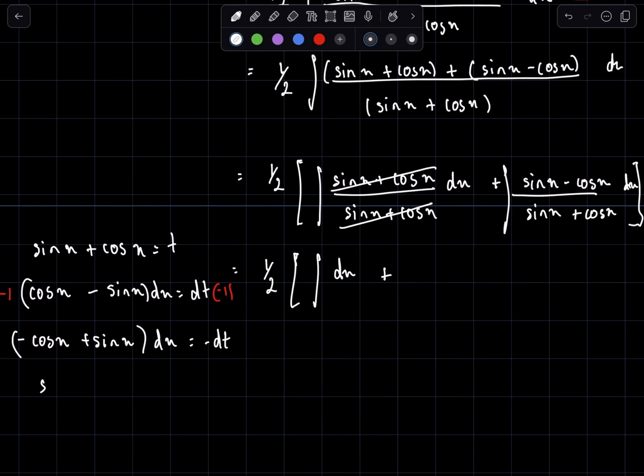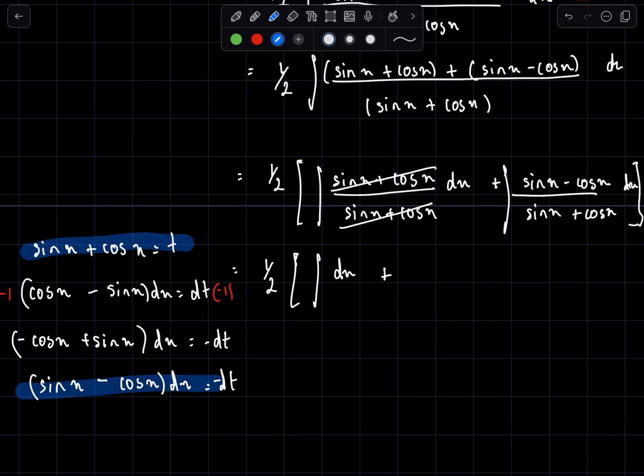Or, I'm just rearranging, sine x minus cos x dx is equal to minus dt. So now you got your substitution values. As simple as that. So sine x minus cos x is minus dt, so minus dt, remember this, divided by t.